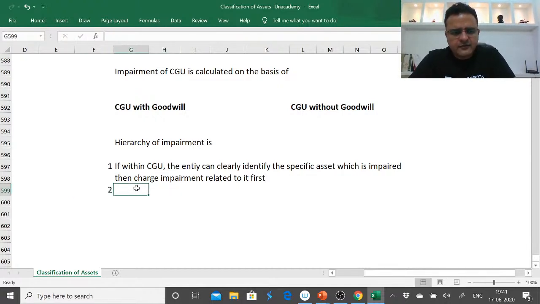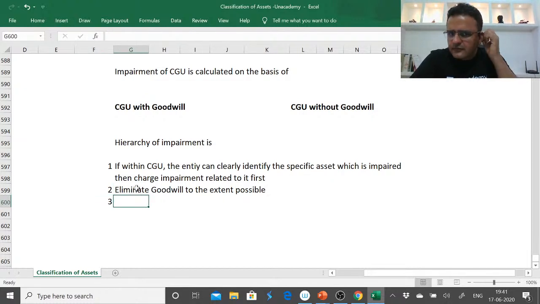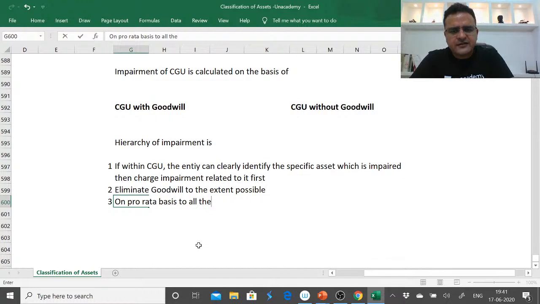Second, eliminate goodwill to the extent possible. Third, on pro rata basis to all the remaining assets allocate impairment loss.